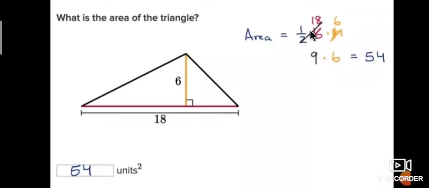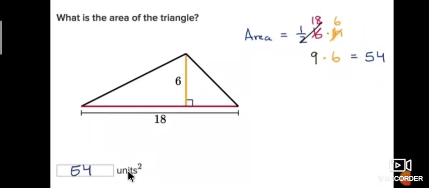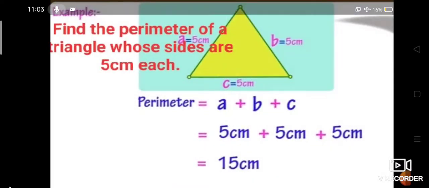Half of 18 is 9, so that is 9 into 6, which is 54. Therefore, the area of this triangle is 54 unit square.